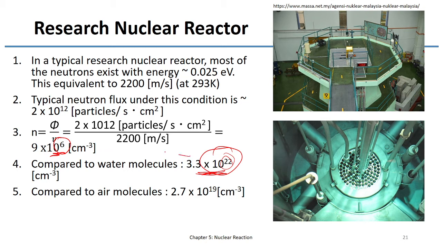So the density of neutron is incomparable to density of water. Even if you compare to the air molecules in the atmosphere, in order of 10 to the 19, compared to the neutron in the reactor, still in the order of 6.